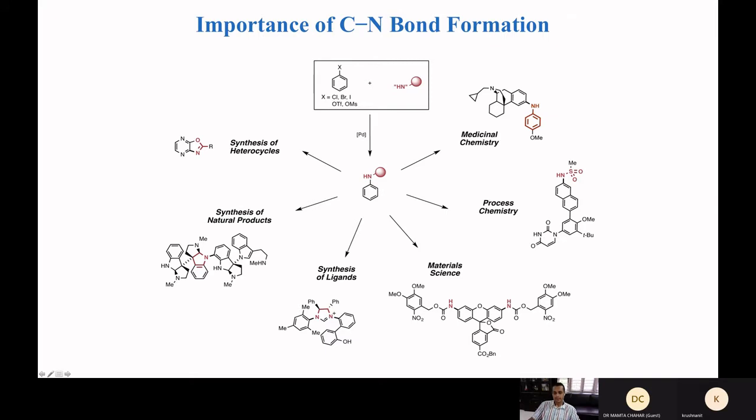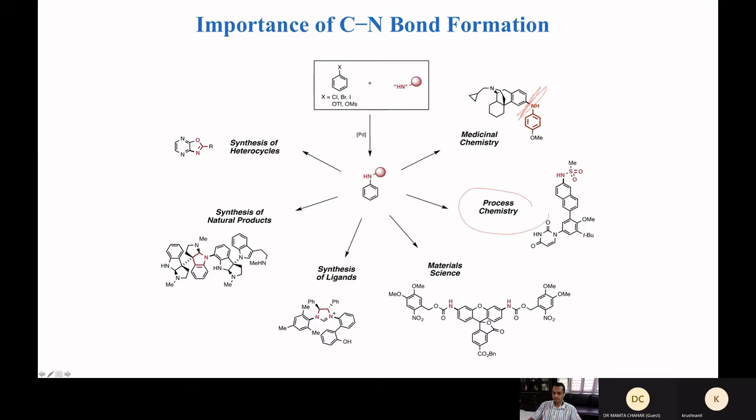So by utilizing this method, we have seen yesterday that we can synthesize many important organic molecules. There are many medicines, many materials, many compounds where you will see carbon nitrogen bond formation, right? This can be done by palladium catalyzed carbon nitrogen bond formation processes.